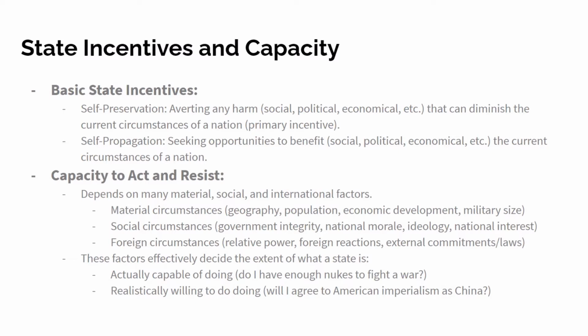Firstly, there's the incentive for self-preservation, right? That looks like averting any harm, whether social, political, or economic, that could diminish the current circumstances of a nation. That's the primary incentive, obviously, because the United States wants to make sure the United States persists, because of nationalism, because you have a lot of material gain from being in power.